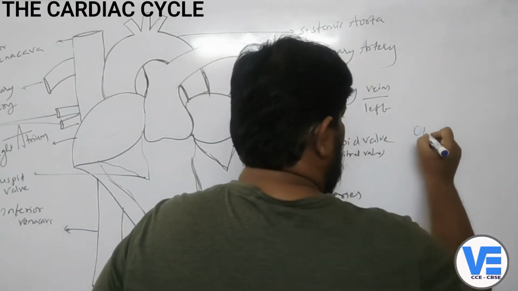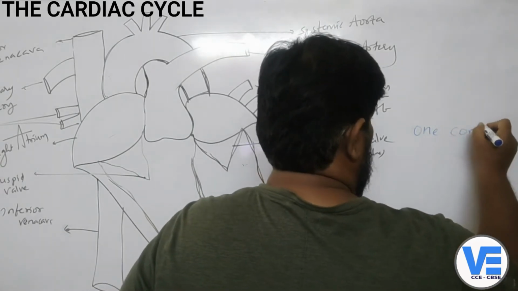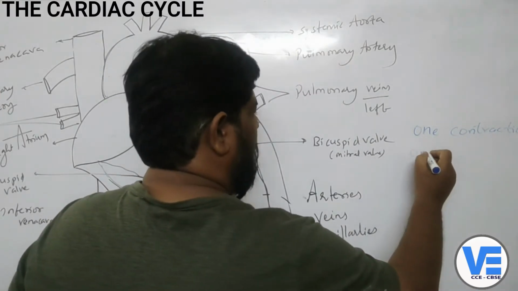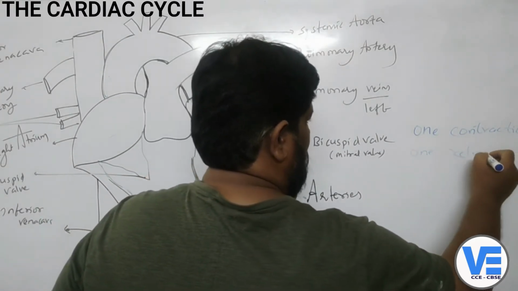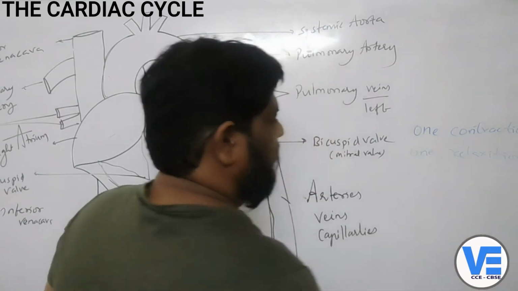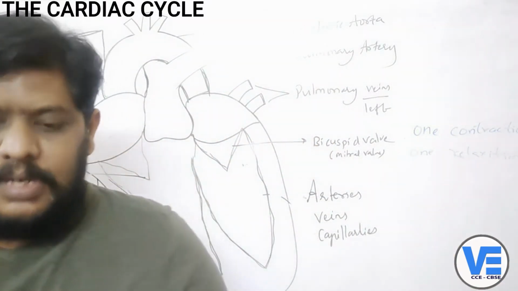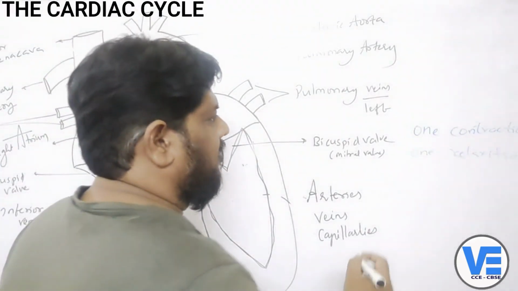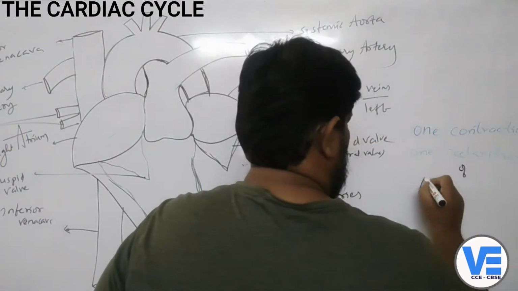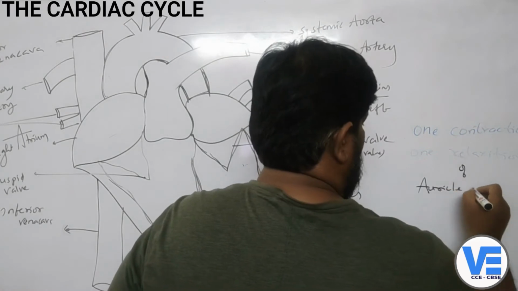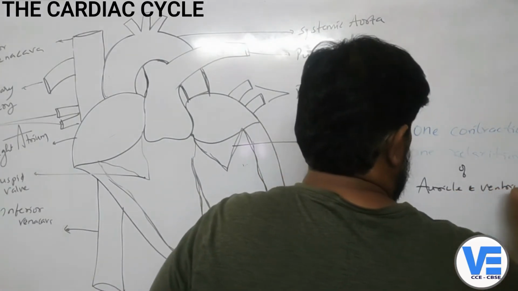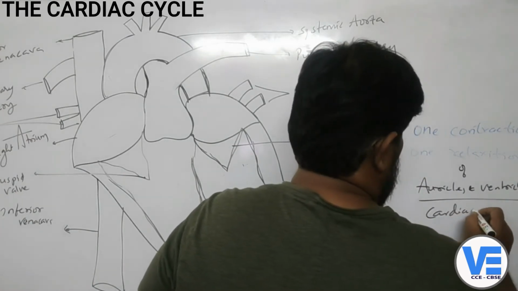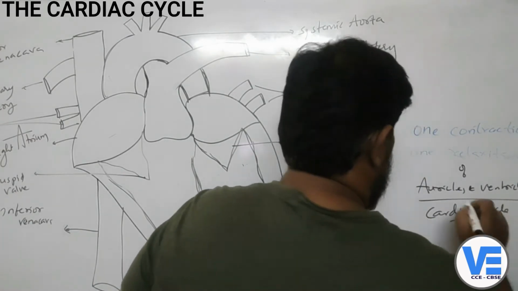So here I am writing: one contraction and one relaxation, okay, of auricle and ventricles is called as cardiac cycle.